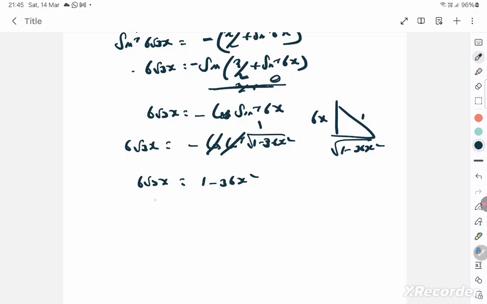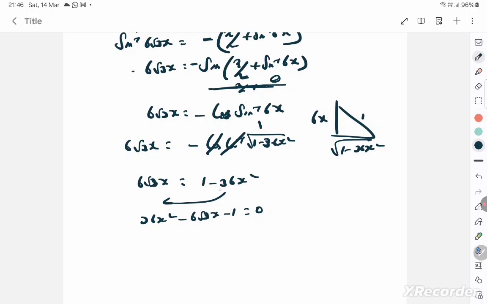So then now you can consolidate and make it into a quadratic equation: 36x square minus 6 root 3x minus 1 is equal to 0. And that's what strikes me. Or I could have squared both sides.